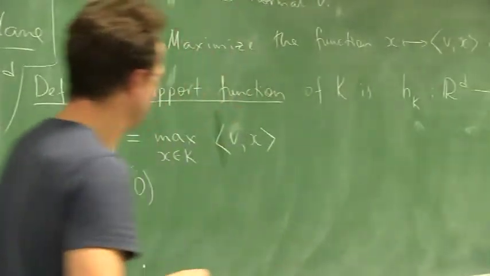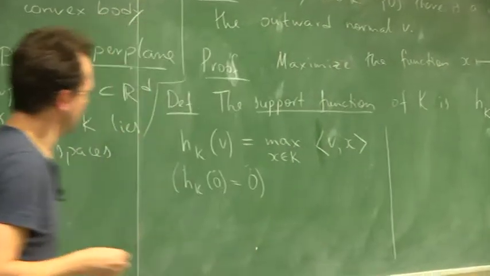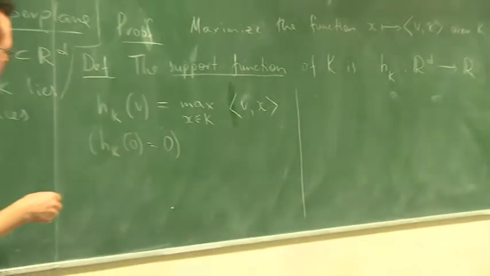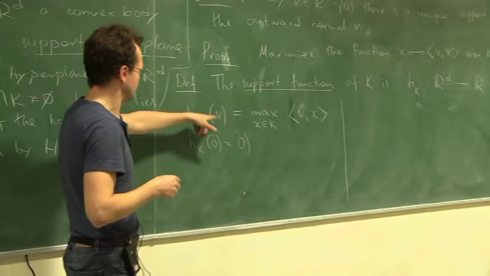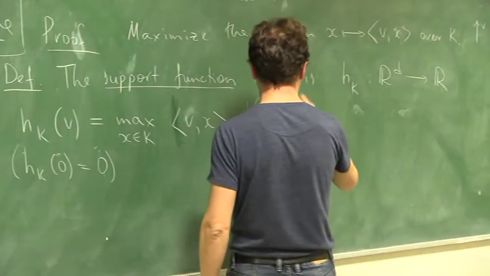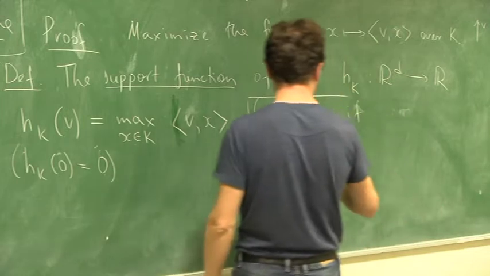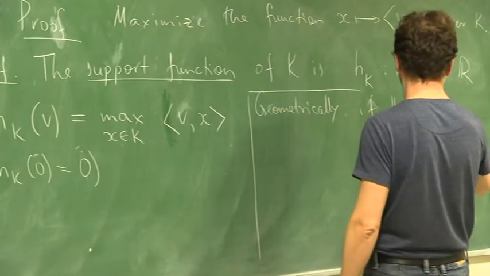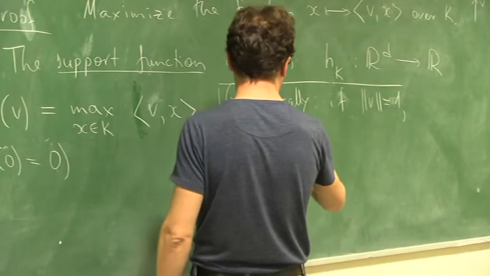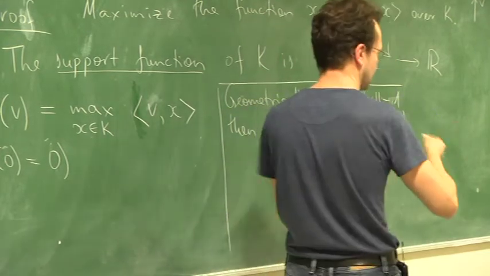And this function has a geometric meaning. What it is, basically, is the distance from the origin to the support hyperplane, but for that one has to assume that v has norm 1. So geometrically, if the norm of v is equal to 1, then h sub K of v is the distance, but distance with a sign.